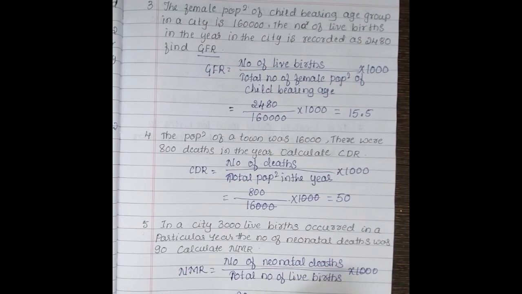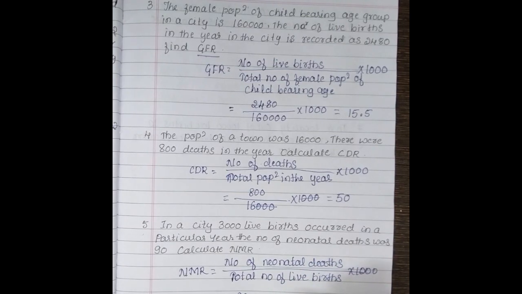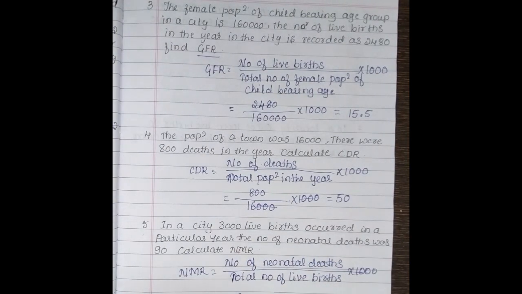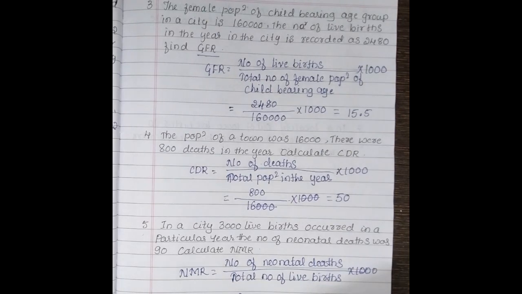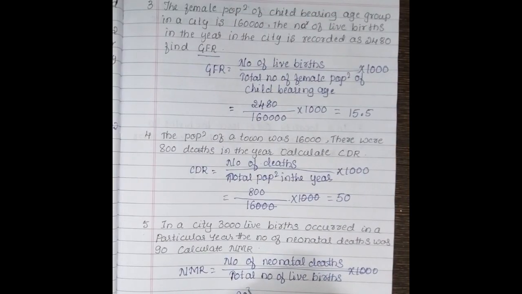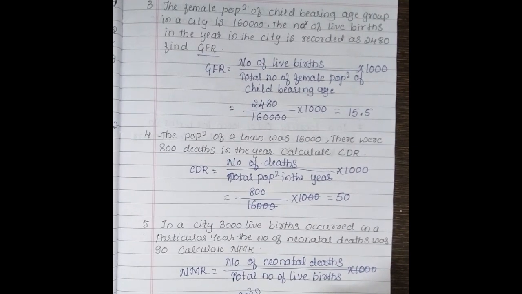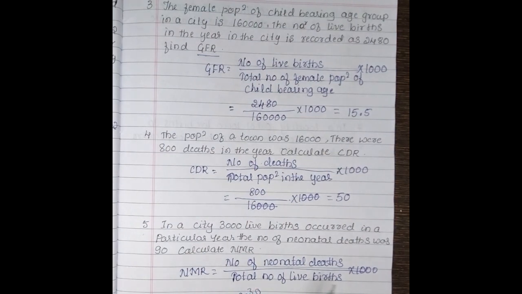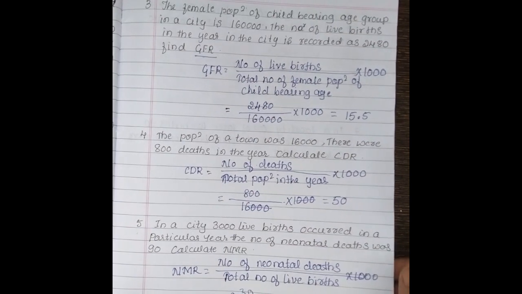Then this 30 and this 30 cancel. The answer is 40. Okay, no, it is 3 ones are 3, 30 is the answer. Okay, then this is NMR. The number of neonatal deaths divided by total number of live births, 30 is the answer.